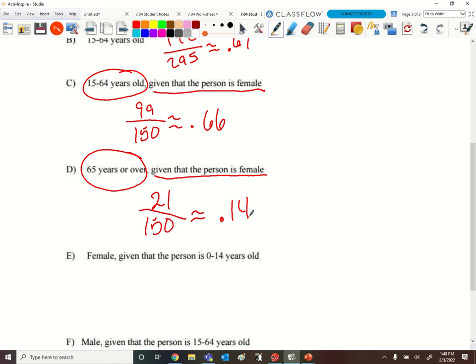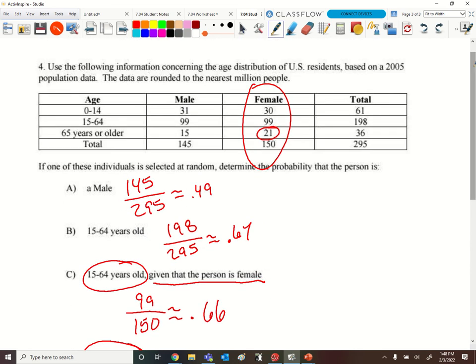So the next one says, given that the person is 0 to 14 years old. So I'm starting with the given, right? So what goes on the bottom? 61. We're saying it's 61 on the bottom. So I'm going up to my chart now. 61 on the bottom because I'm going with this age range right here. I'm going this way.